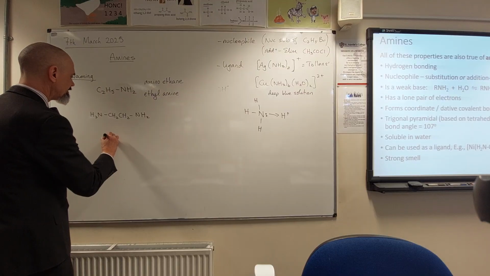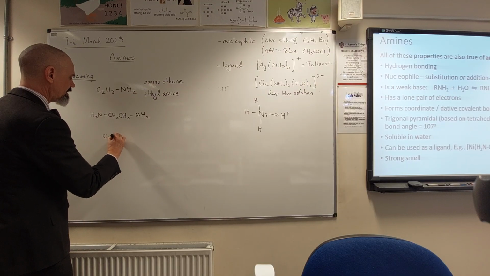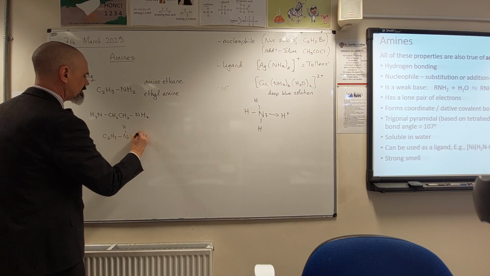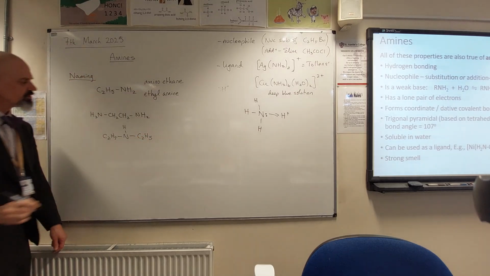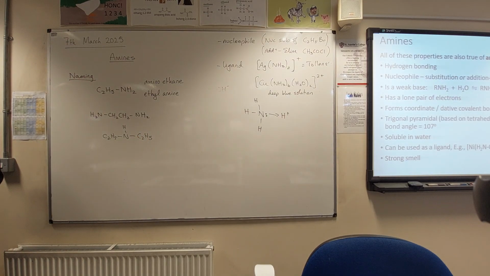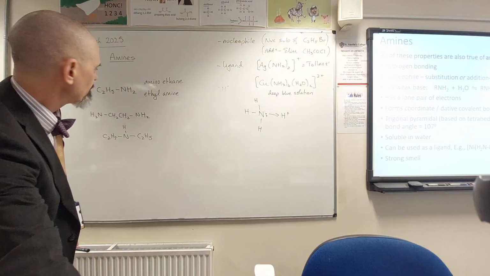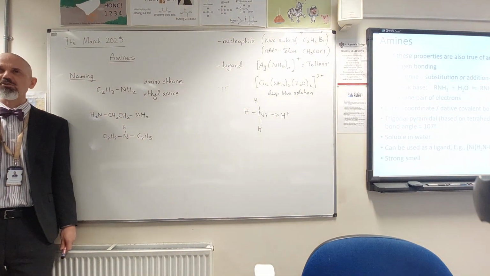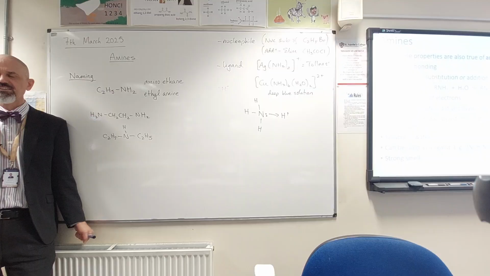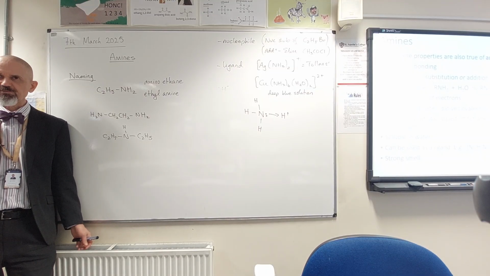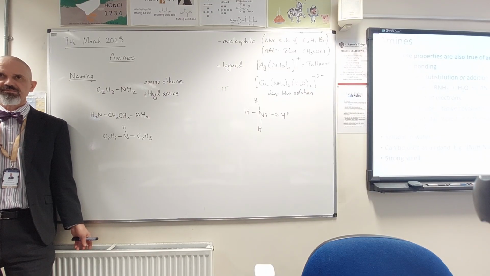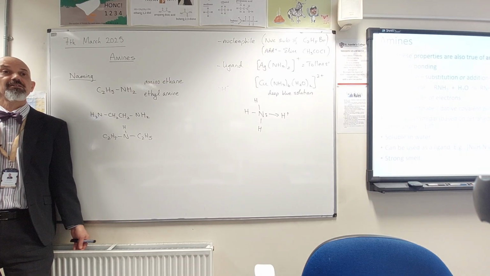What if I had two carbon groups on the amine? So rather than two amines on the carbon, what about two carbons on the amine? What could we call that? Diamino.